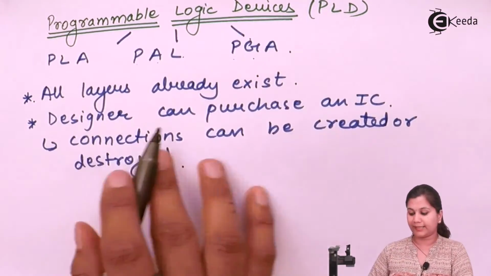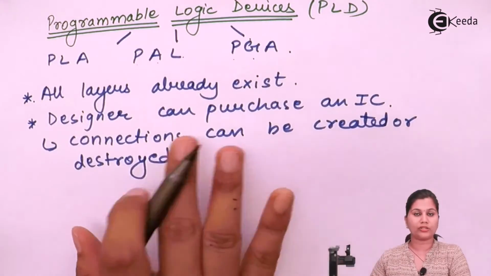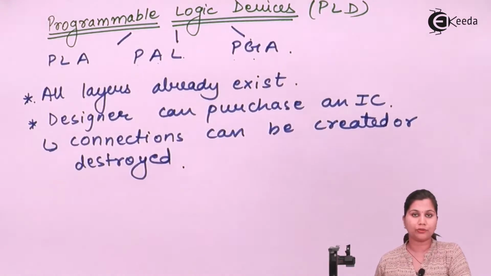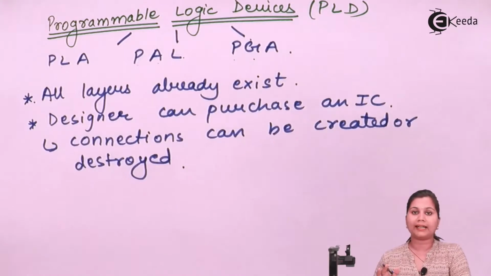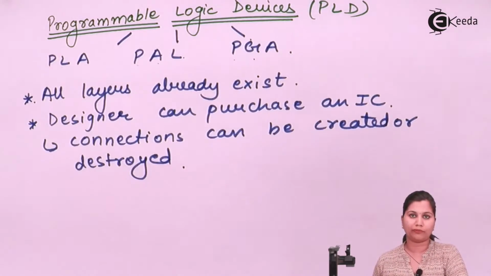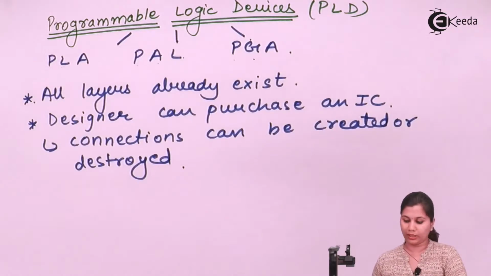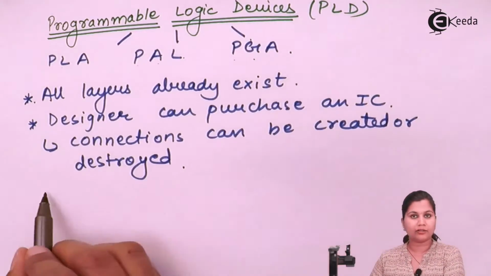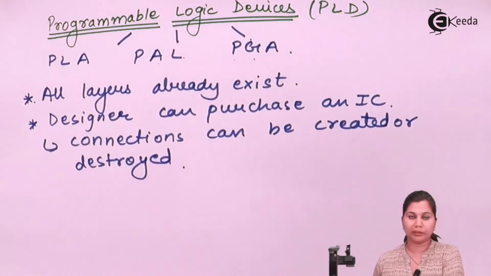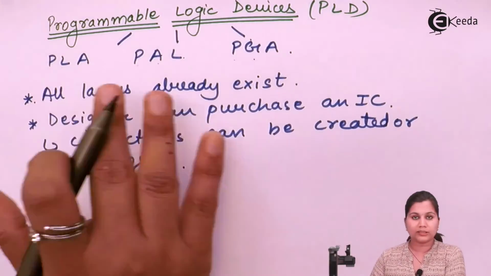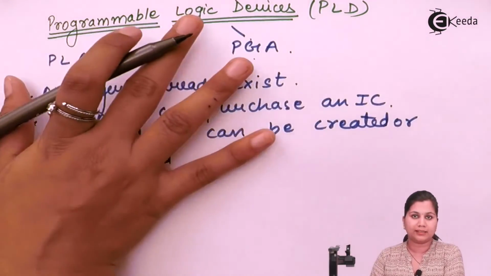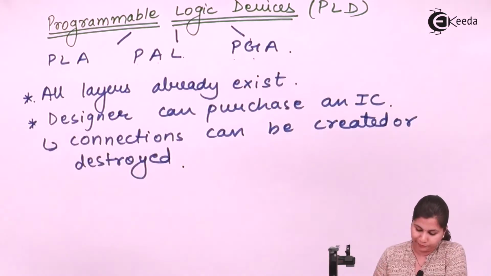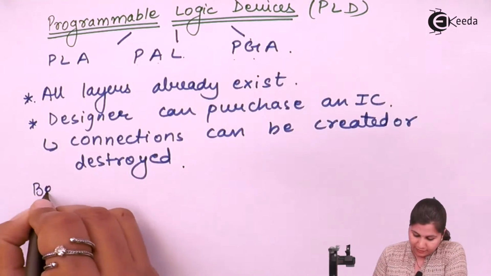So designers can purchase the IC according to the application for which they have to use the embedded system. They can either create some new connections, or they can destroy some of the old connections. So connections can be created or destroyed according to the implementation, and all the layers are already present in this type of IC.